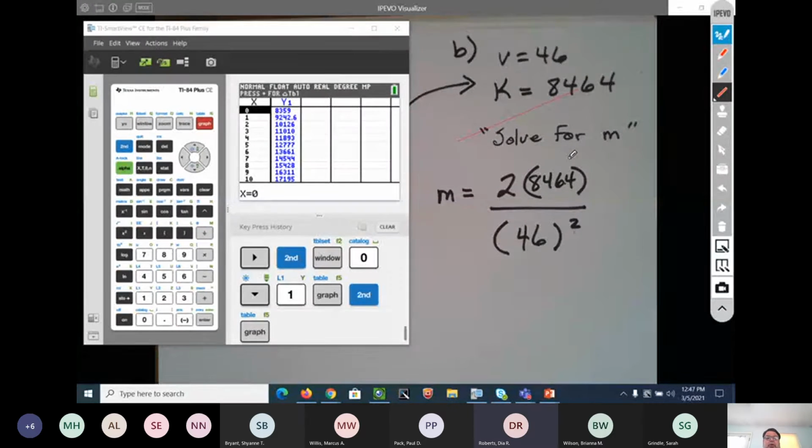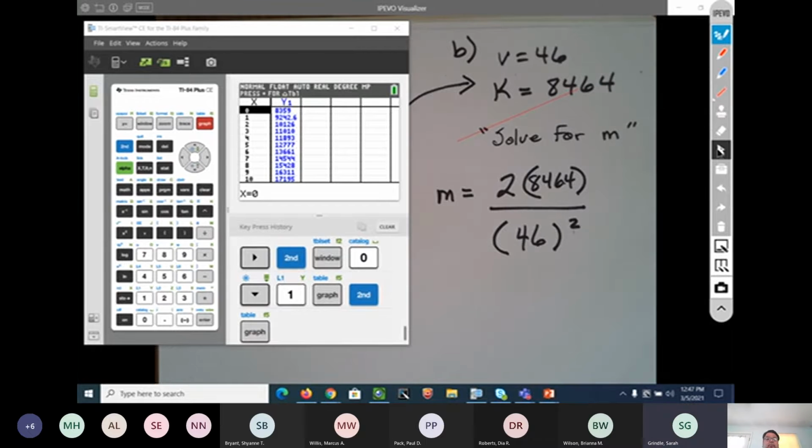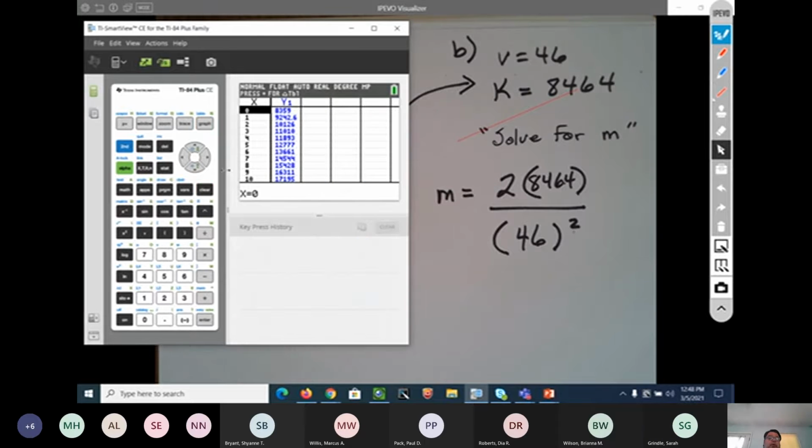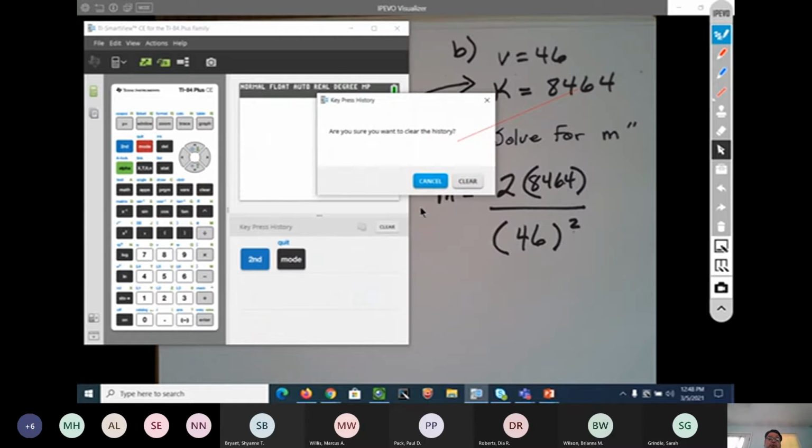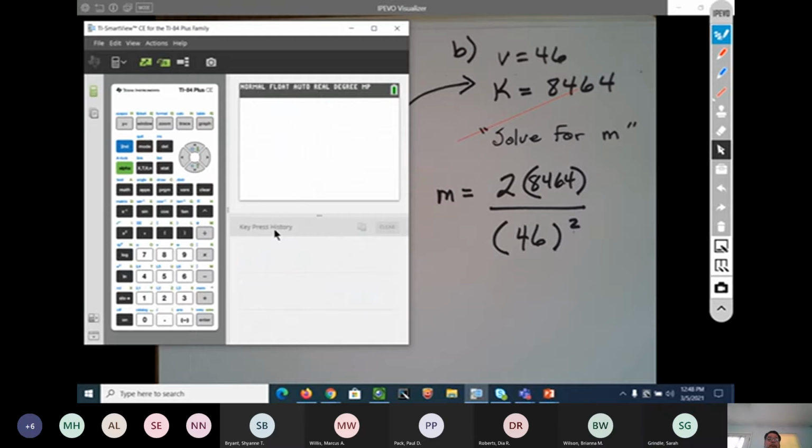Okay, so here we go. Let's go ahead and do this. I'm going to do it all in one go. So I'm going to hit clear, and I'm going to hit clear here, and second quit. I don't like to start unless I'm clear. Okay, there we go.